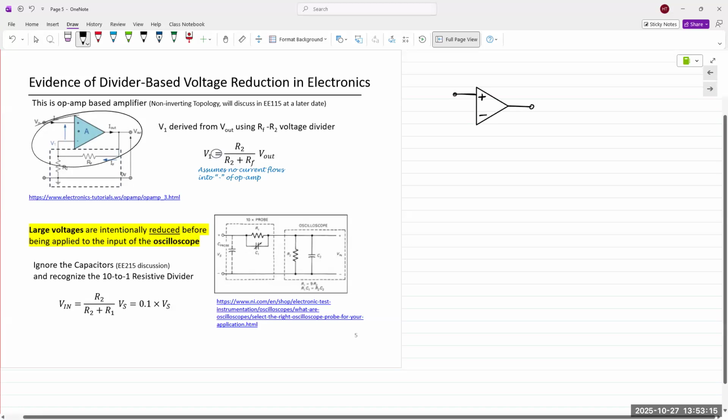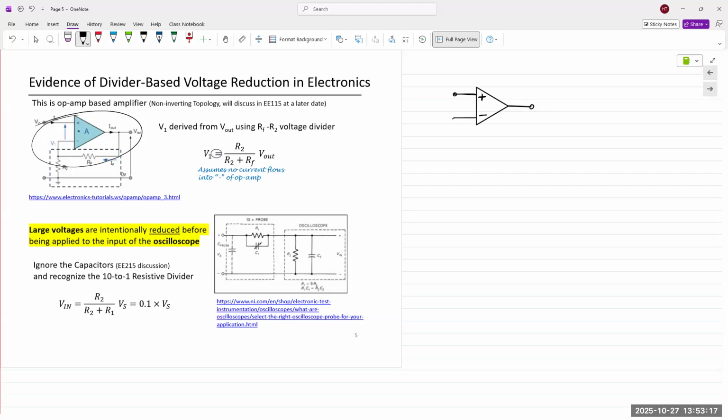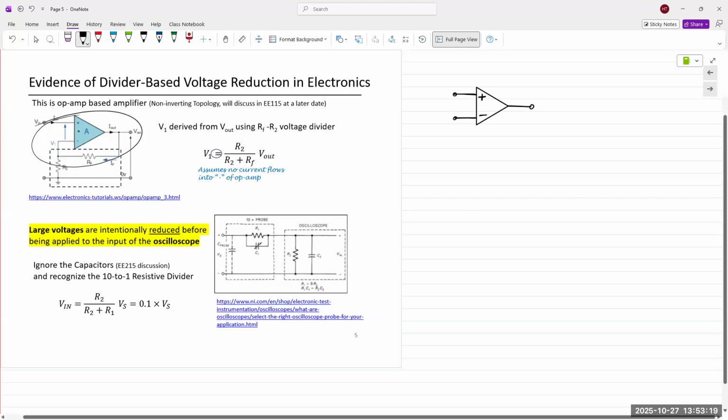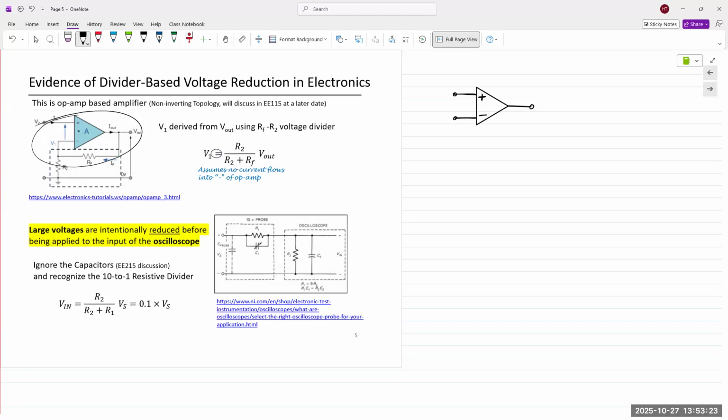The name op amp or operational amplifier came about because these kinds of amplifiers are used for a variety of operations. Mathematical operations like addition, subtraction, differentiation, integration, comparison, as comparators, hence the name operational amplifiers.